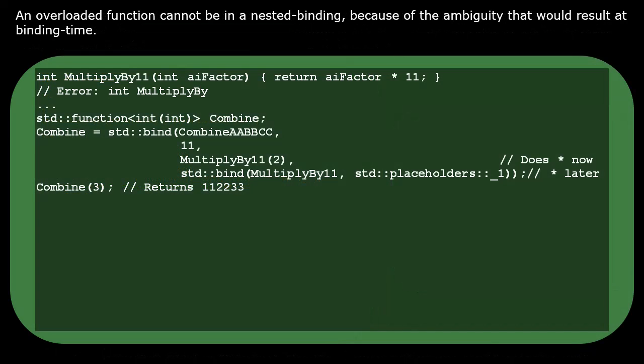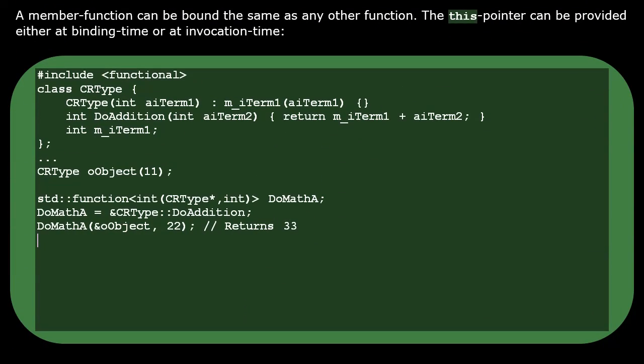An overloaded function cannot be in a nested binding because of the ambiguity that would result at binding time. Recall that a member function can be a callable object value.